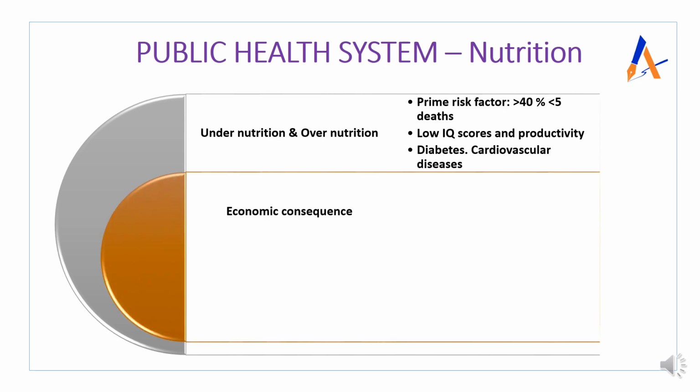Next, because of this undernutrition or overnutrition, it has its own economic consequences also. A World Bank study highlighted this, estimating that reducing stunting can raise India's GDP by 4 to 11%.